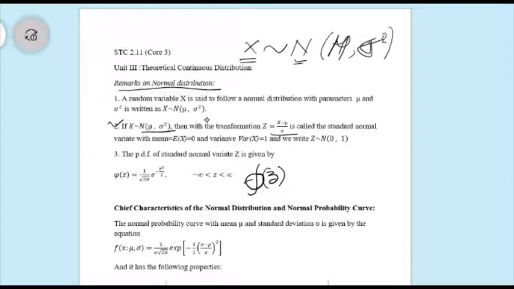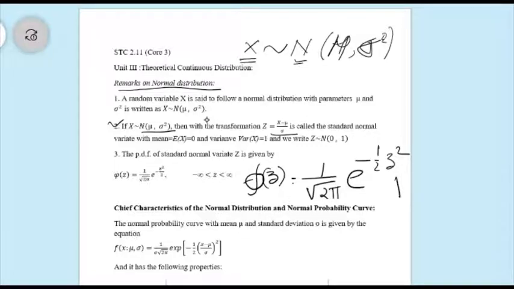Let us take phi of z, which is equal to 1 by root over twice pi e to the power minus half z square.